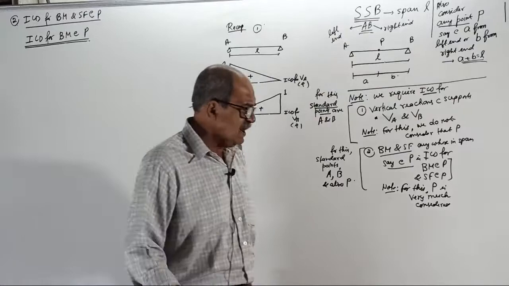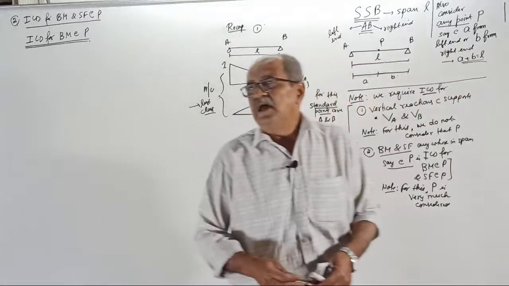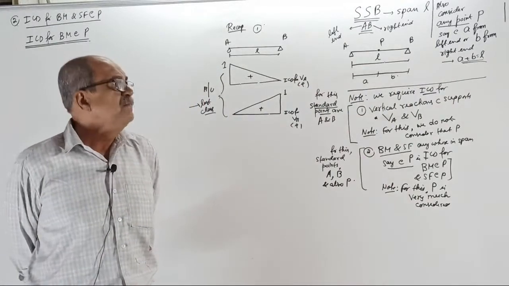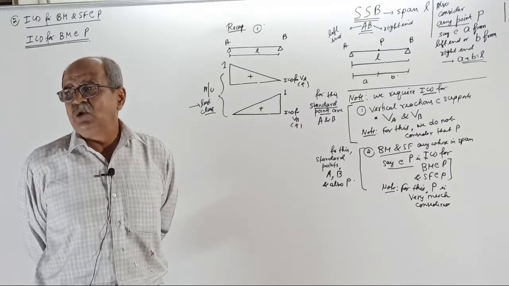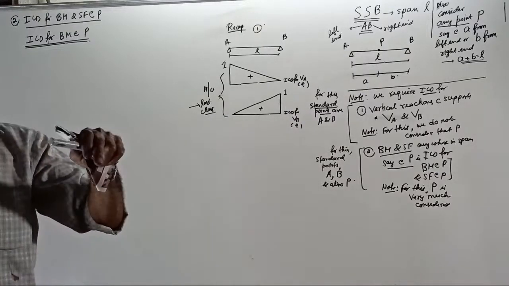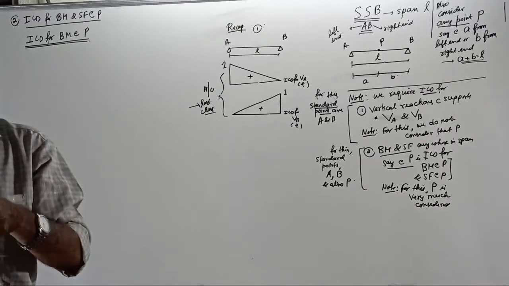I told you, you take the load at a point at an unknown or variable distance, so that by substituting the value, you can place the load wherever you want. When you place a load for getting ILD, you should not place it at a known point. It should be an unknown point with a variable, so that by substituting the value, you can move the load.